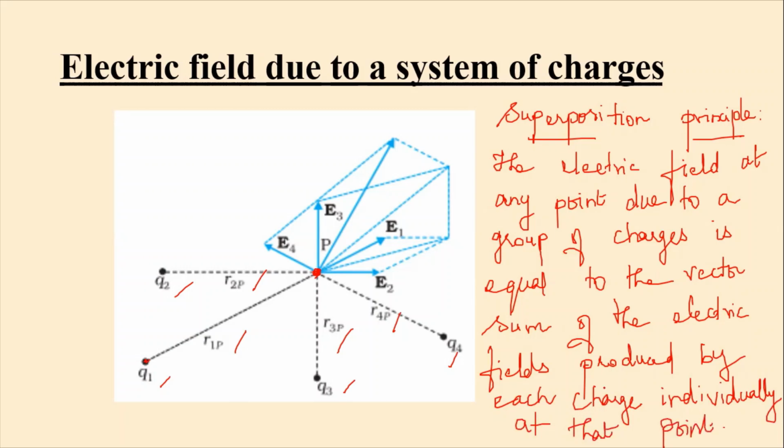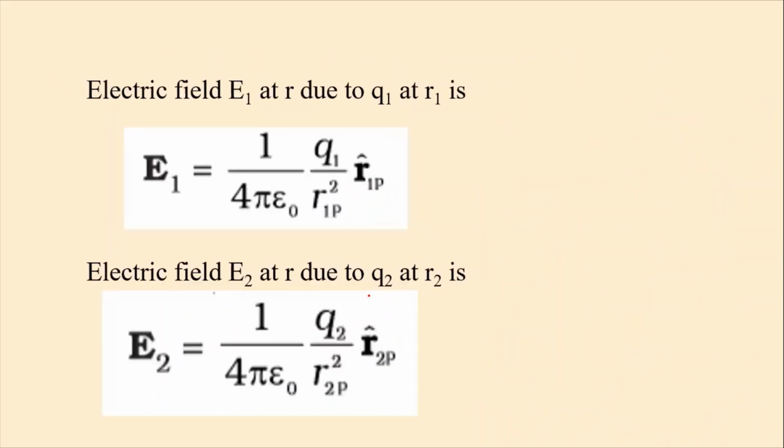So the electric field at any point due to a group of charges Q1, Q2, Q3, Q4 will be equal to the vector sum of the field produced by each charge individually at this point. So we have to just add it by vector addition. Okay, we'll see the example.